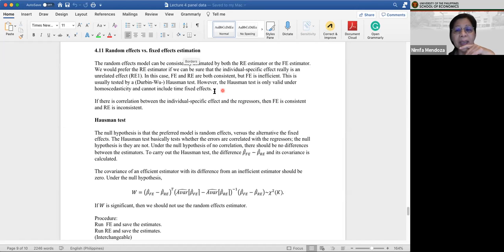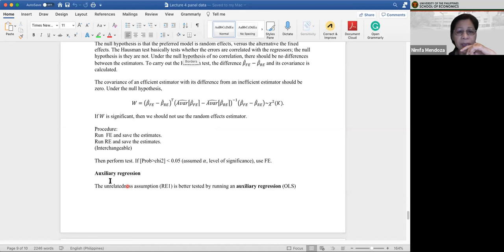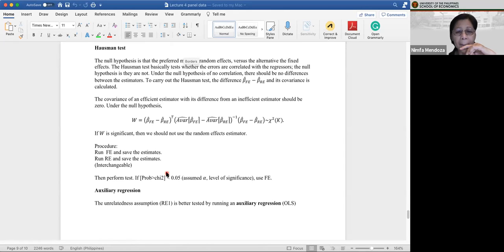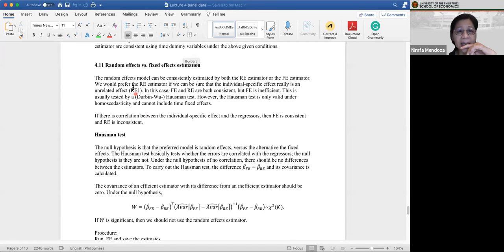However, the Hausman test is only valid under homoscedasticity and cannot include time fixed effects. That's why we will have another test, the auxiliary regression, to test for the unrelatedness assumption.